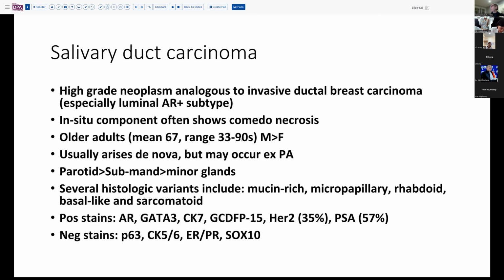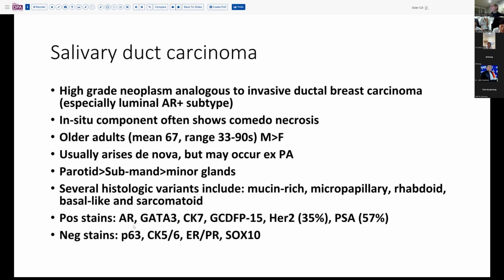It tends to be older patients, and interestingly, men are more frequently affected than women. It can arise from pleomorphic adenoma, but usually does not, and is more frequent in the larger salivary glands, submandibular and parotid gland. There are a variety of different variants, just as we see in ductal carcinomas. We have a very mucinous type, a micropapillary type, basal-like, and sarcomatoid tumors can occur.